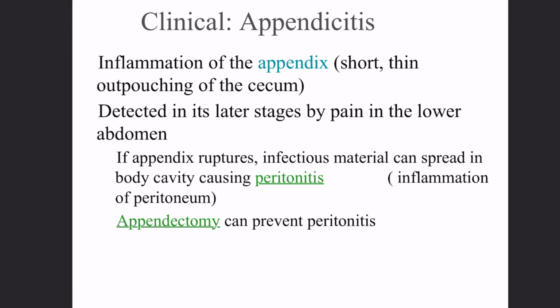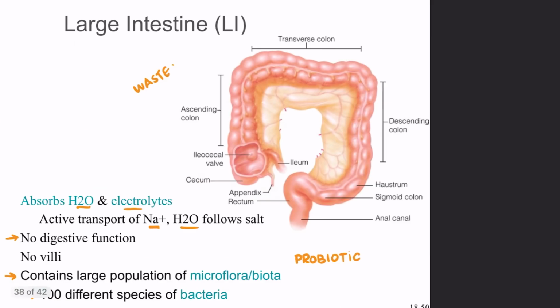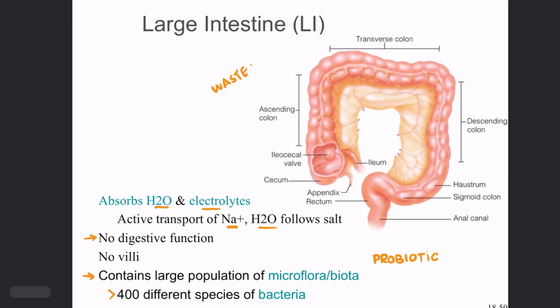This actually just happened to a friend of mine a week ago, where she had an appendicitis. So I should say that the appendix, which is actually called the vermiform appendix. Vermiform just means worm-like because it looks like a little worm.